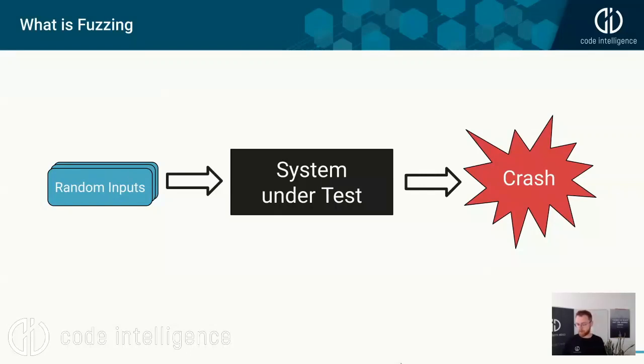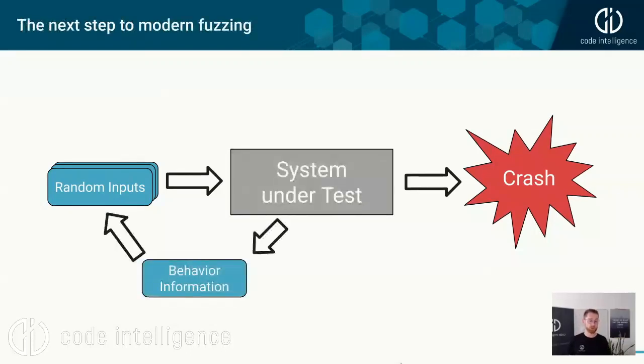So the approach evolved to more of a gray box approach. Here, the system under test is observable for the fuzzer, or it provides some kind of feedback, some behavior information, back to the fuzzer. The fuzzer can use that feedback to generate more meaningful and efficient inputs. There are different approaches to what kind of feedback the system provides.